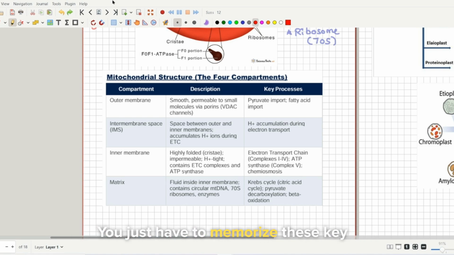You just have to memorize these key processes. Then when we discuss these processes in respiration in detail, you will understand them in a better way. So just memorize these for now, and you will understand why these things are present in this membrane. The inner membrane contains the electron transport chain and the ATP synthetase enzyme that forms ATP.